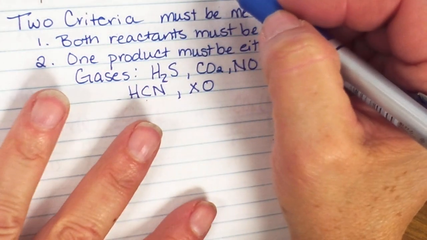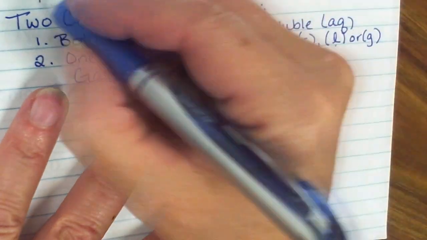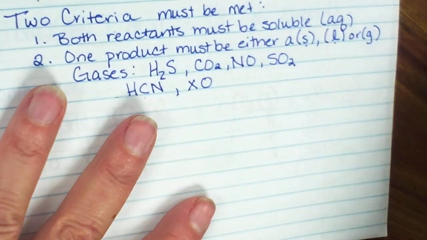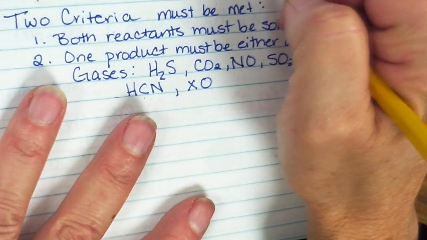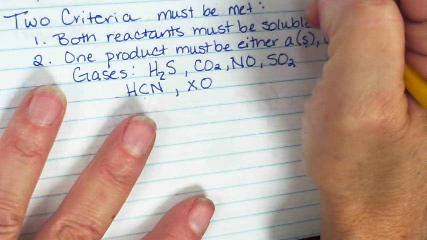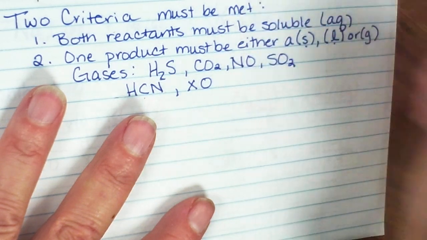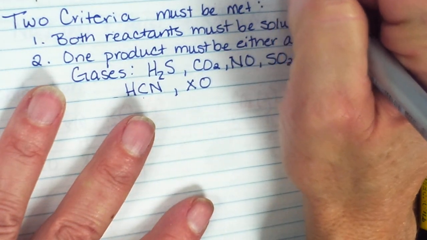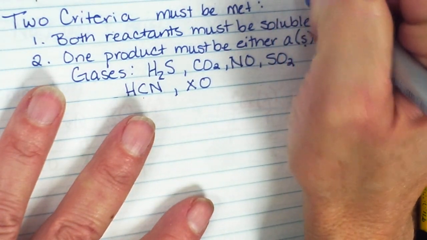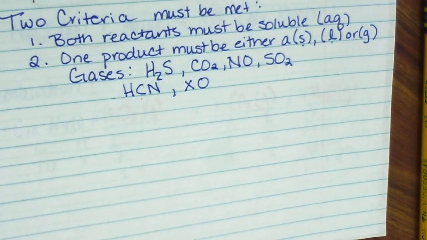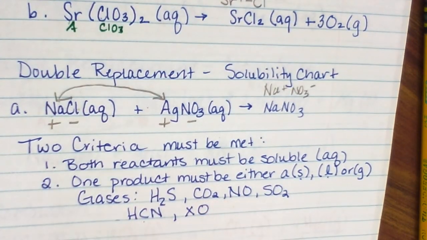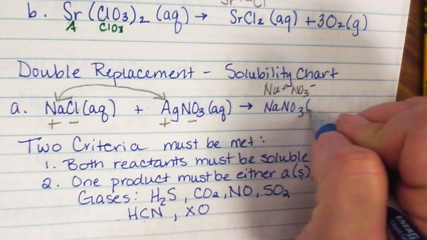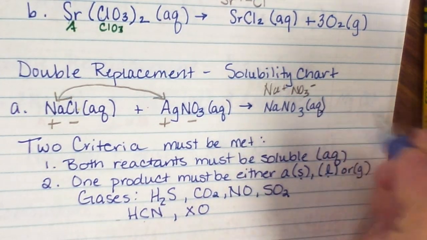So in this reaction, all right, these two are going to switch places. So we're going to end up with sodium +1 and nitrate -1. So we're going to end up with sodium nitrate, which we know is aqueous because of the sodium and the nitrate.